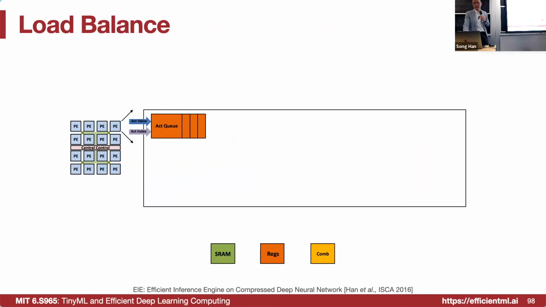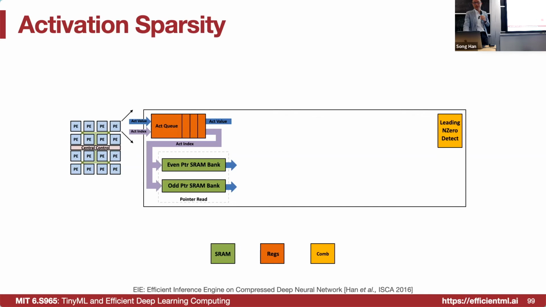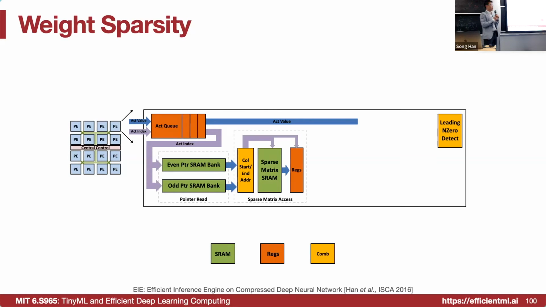Then we deal with activation sparsity by examining whether the input is 0. If it is non-zero, then we pass it through the weight matrix. We have the column start and end address, and also the sparse weight matrix. So we find those non-zero elements and then decode the weights.